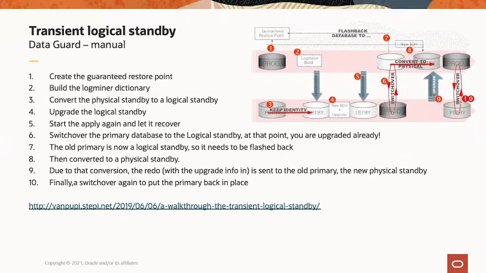The moment it's a logical standby, you can perform the upgrade. We have very good colleagues with very good blogs, like Mike Dietrich and Daniel Overby Hansen, which tell you everything about upgrading your database. So I would recommend you follow those steps to upgrade the logical standby database.